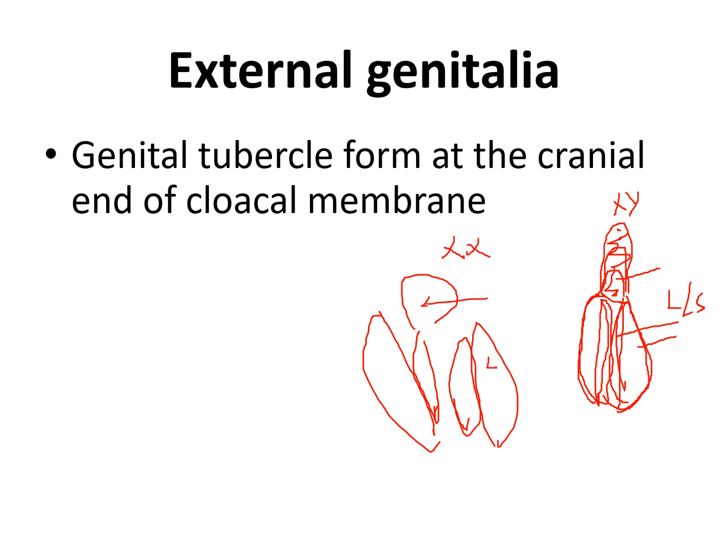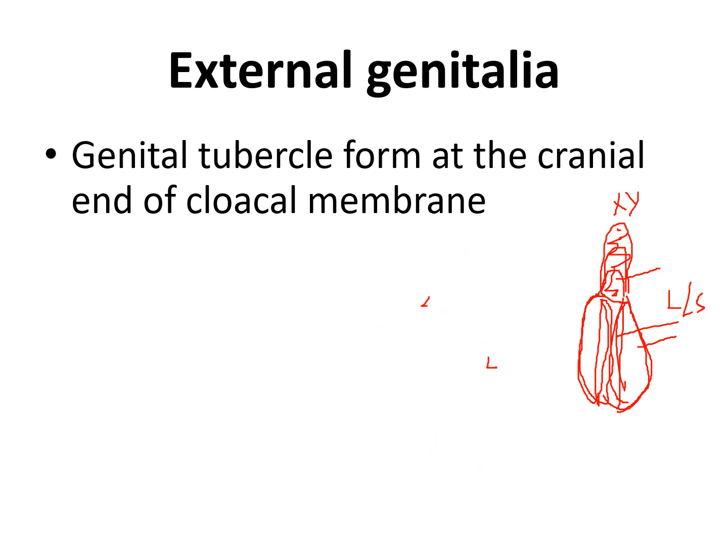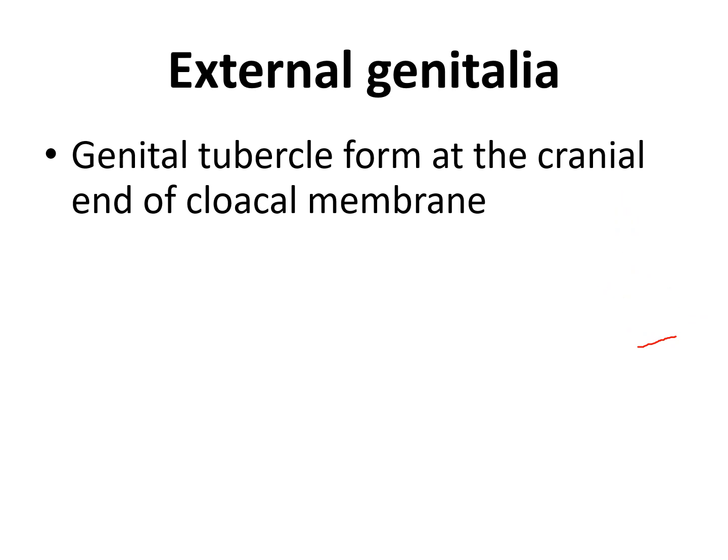This will not close and it will form labia majora. And this will not close and it will form labia minora. So in the female it is the same, but there is no elongation of the genital tubercle and there is no penis.